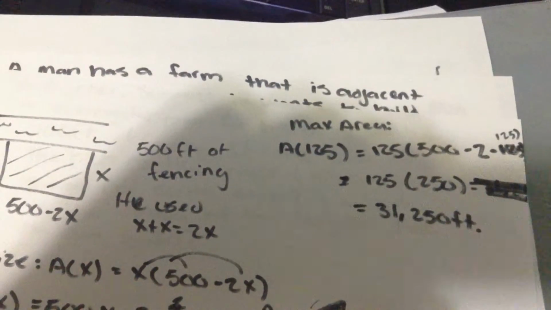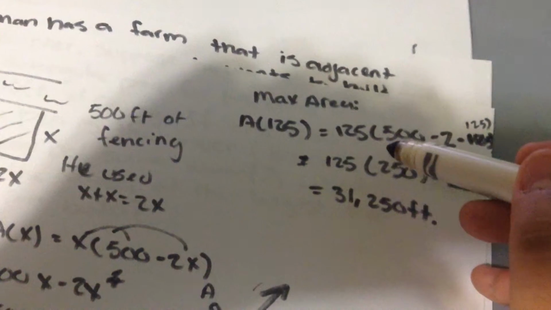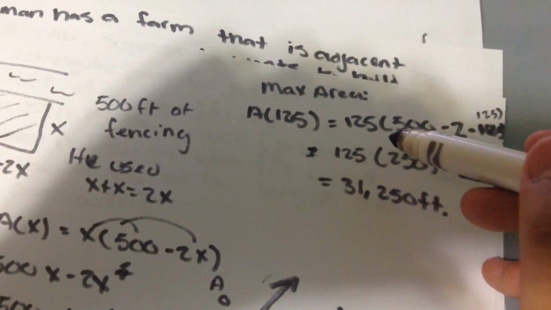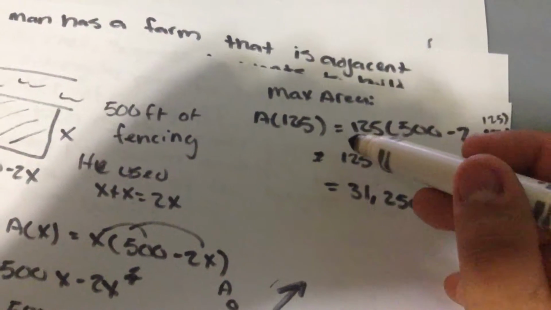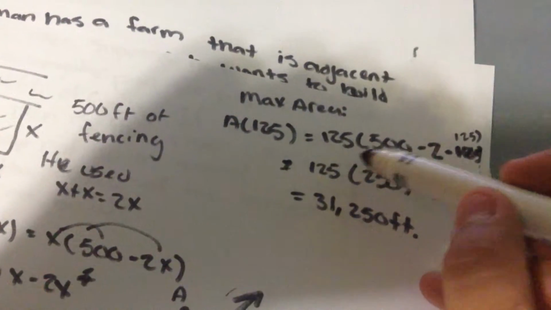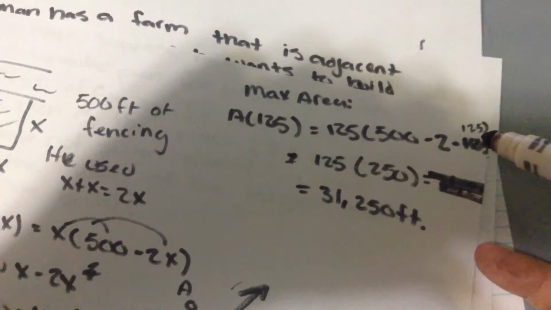The maximum is at 125, so you just plug in 125. So 125 times 500 minus 2 times 125.